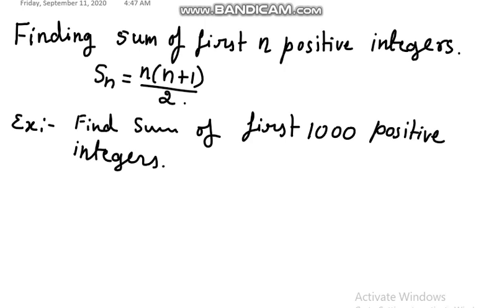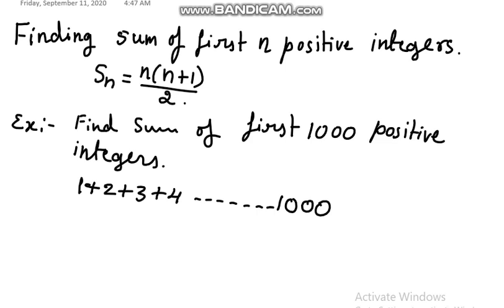First 1000 positive integers means 1 plus 2 plus 3 plus 4 and so on up to 1000.